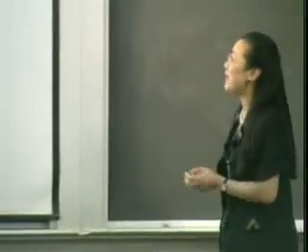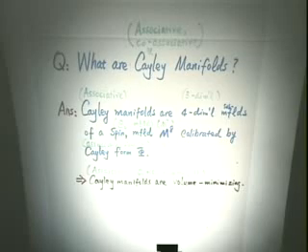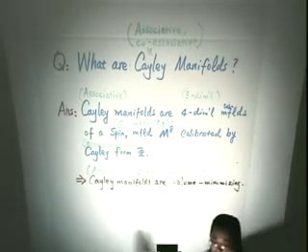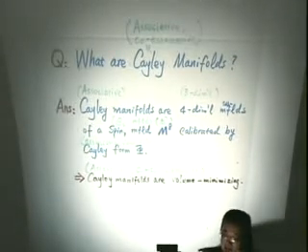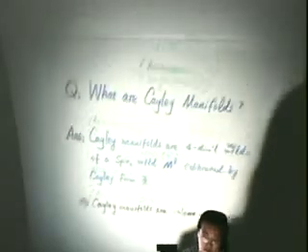By now, I guess you already know what Cayley manifolds are. The Cayley manifolds are the four-dimensional submanifolds of a Spin(7) manifold calibrated by the Cayley form phi. And this phi, I think Professor Lawson has described for you.